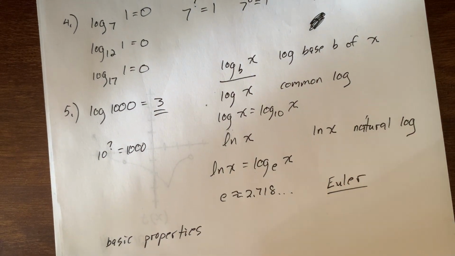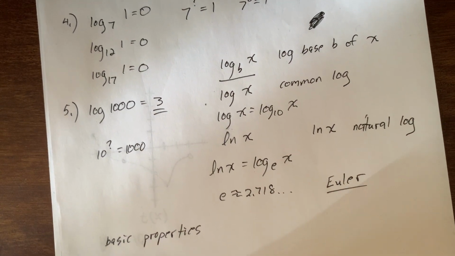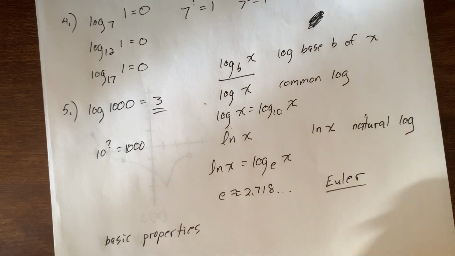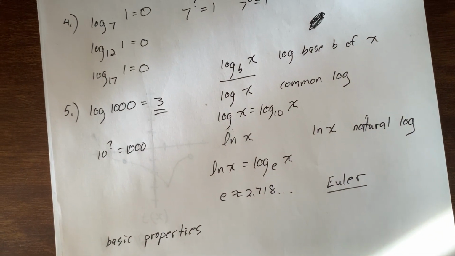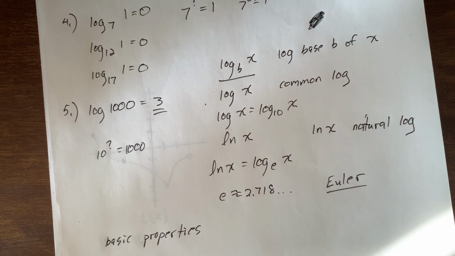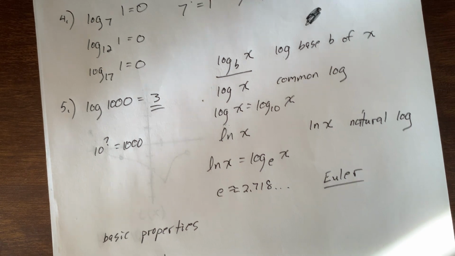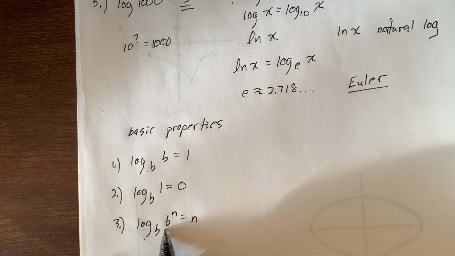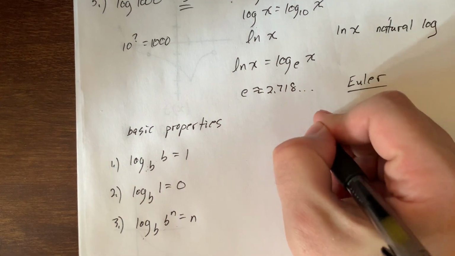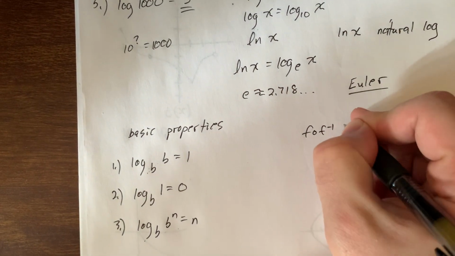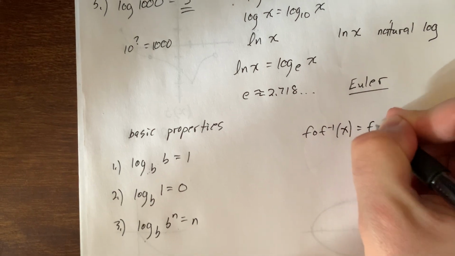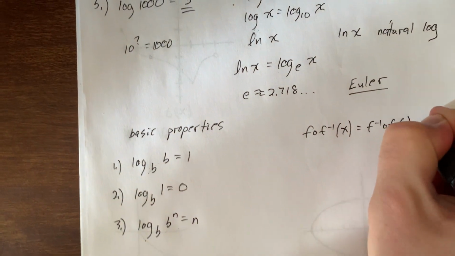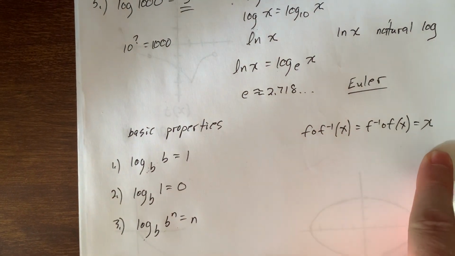Number 3, there's one problem where they talk about log base b of b to the n equals n. I mean, that's not a surprise at all. This is starting to lead us to the idea of composition and how these two functions clean up and simplify and cancel. We've mentioned the idea that f composed with f inverse is equal to f inverse composed with f, and that simplifies to x.